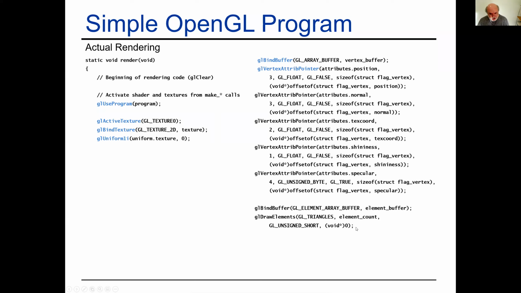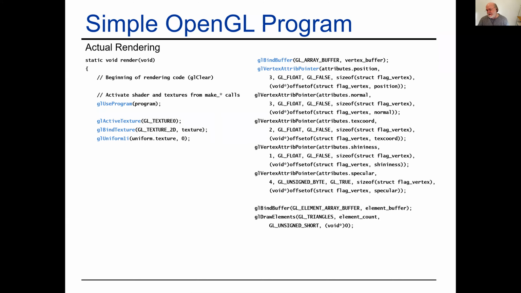We pass 0 for the data because, remember, if we have bound a buffer, it will start using from the buffer, and the 0 here simply means start at the beginning of the buffer. All the other offsets are already in the attrib pointer. Yeah, and with that we're done.